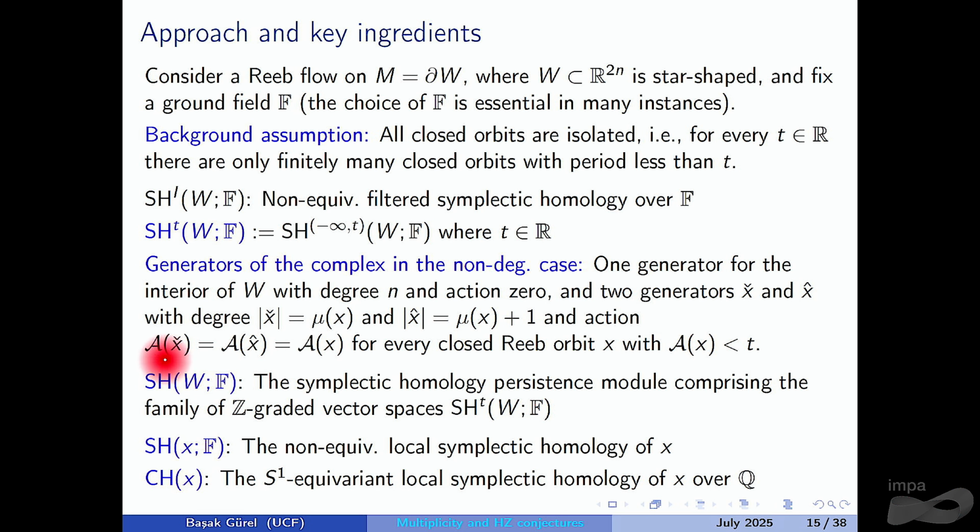So this is going to be the symplectic homology persistence module, exactly like Victor defined yesterday, except that in my case I will need them to be graded vector spaces. And CH, over any field, CH will be the equivariant local homology, so equivariant homology over Q. CH will always be over Q.